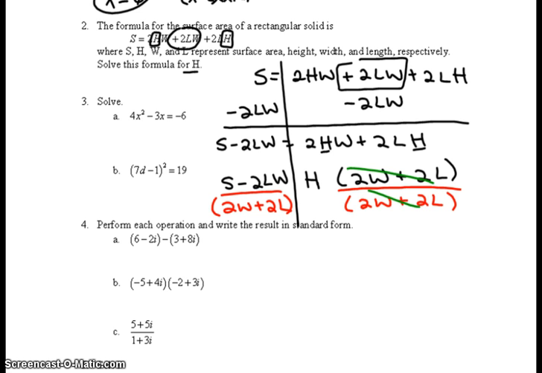So this divides out, and now I've got H by itself. So S minus 2LW divided by the quantity 2W plus 2L is equal to H.